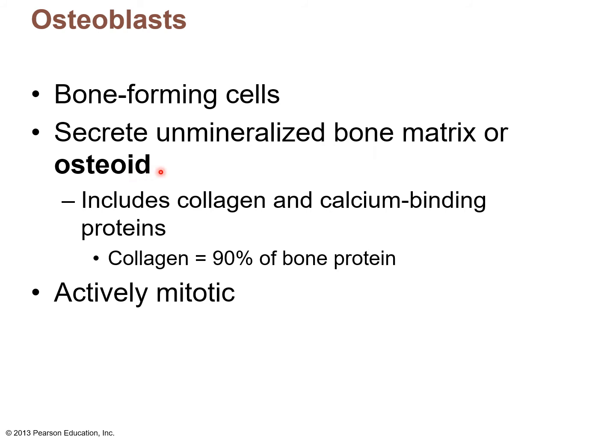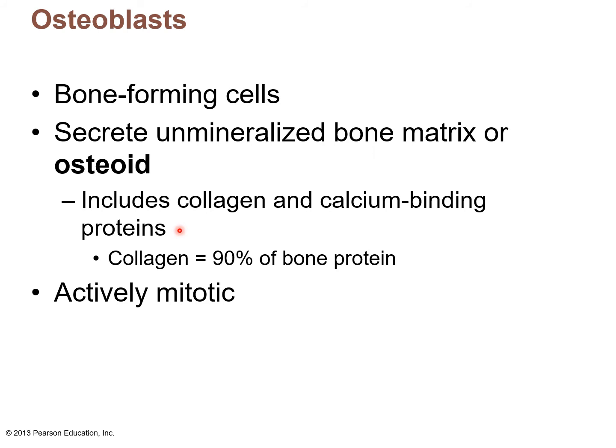Eventually, minerals such as calcium and phosphorus are going to be deposited into that bone matrix. But if you still don't have any minerals, we basically call it osteoid. That osteoid usually has some fibers, like collagen fibers, and it does have proteins that are going to help bind to those minerals.